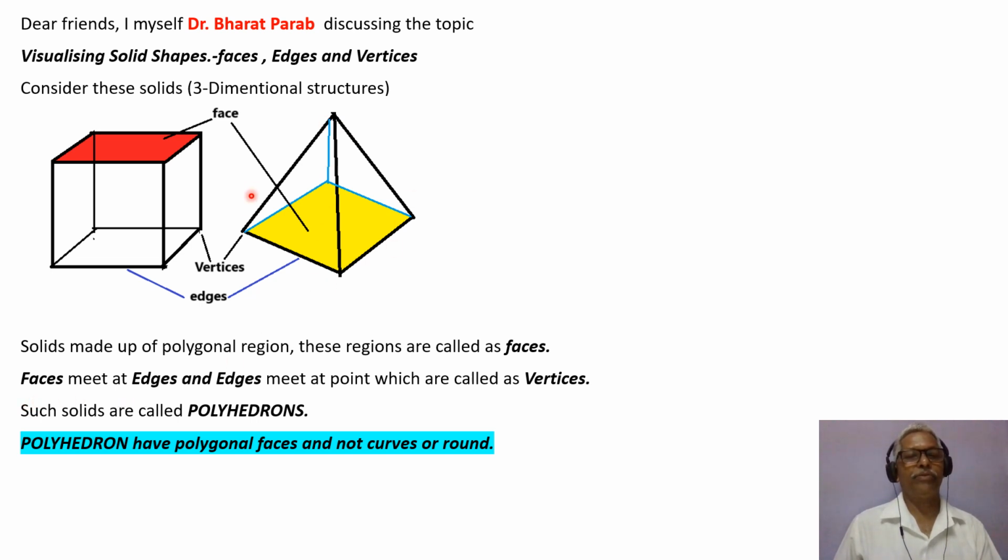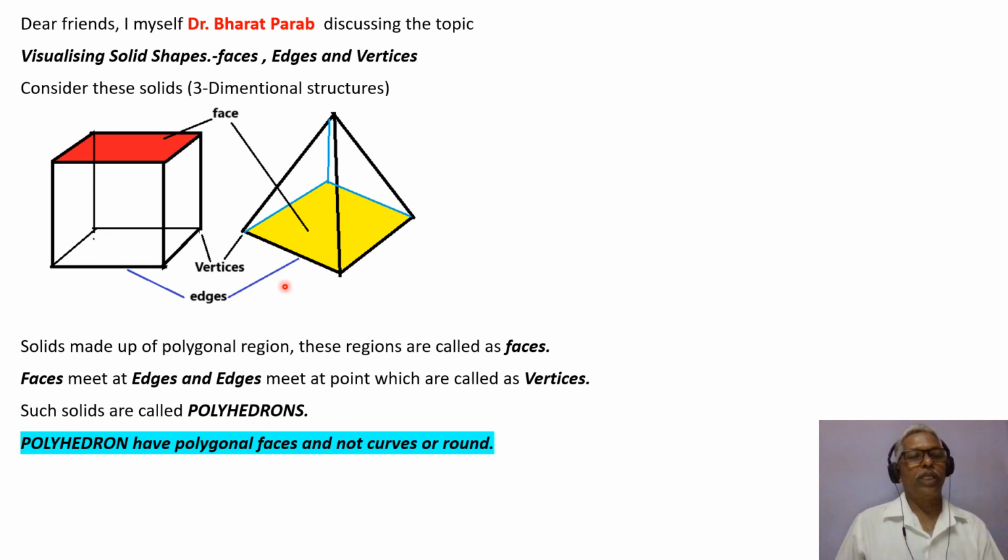This is a face, this is a face, where they meet, this is called an edge. And edges meet at a point which is called a vertex, or vertices. This is the edge, this is the edge, they meet at this point which is called a vertex. Okay. So such types of solids are called polyhedrons.